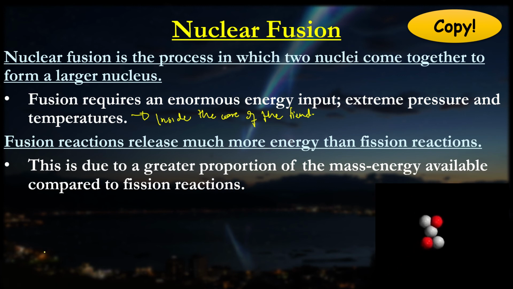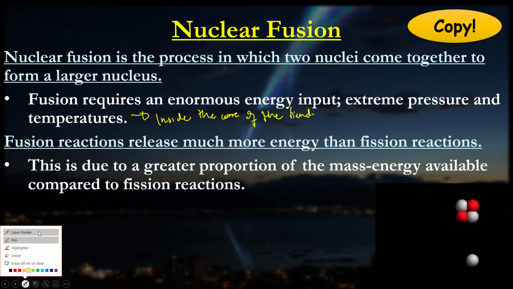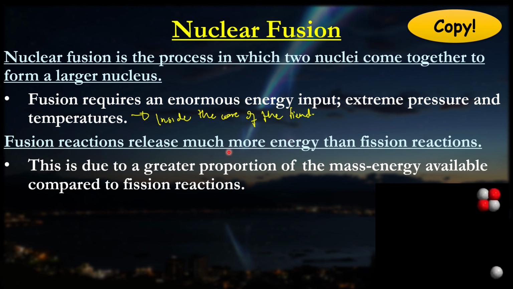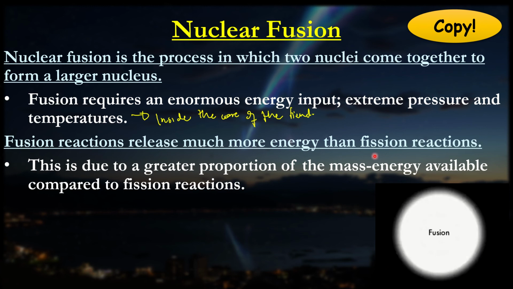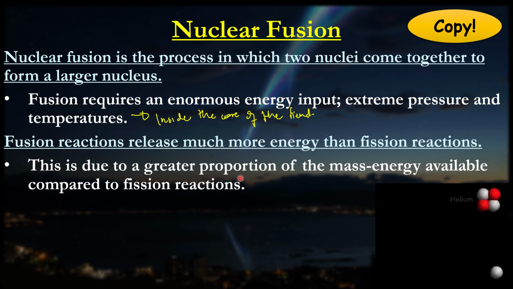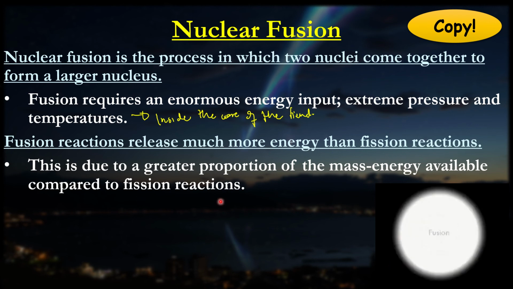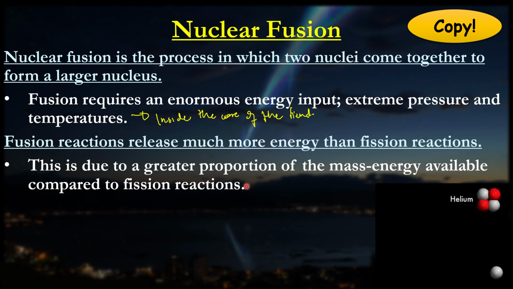We also talked about the fact that nuclear fusion reactions tend to release a much higher quantity of energy than a fission reaction does. And to my understanding, this is due to a greater proportion of the mass energy available compared to the fission results. So that's what we had there.